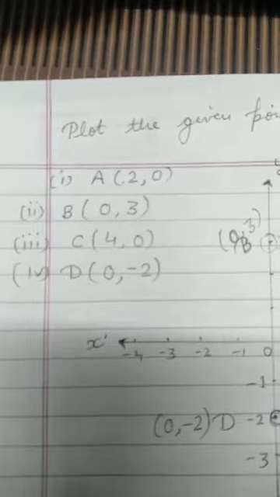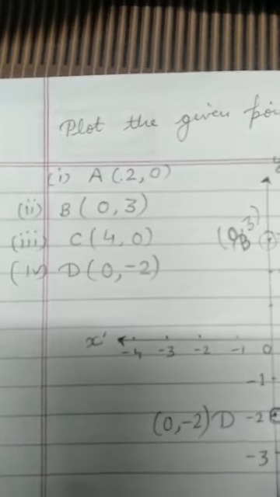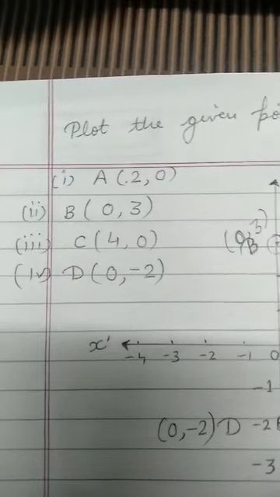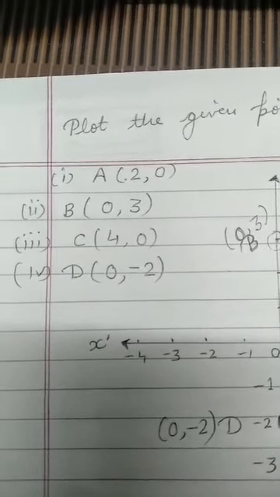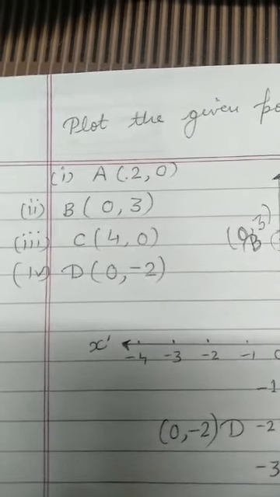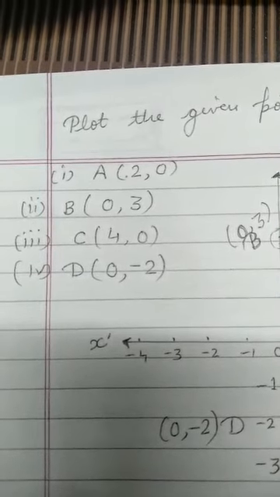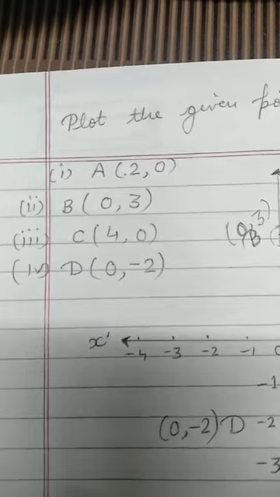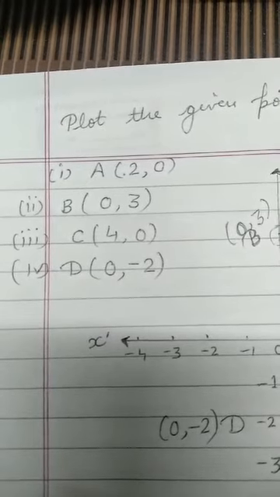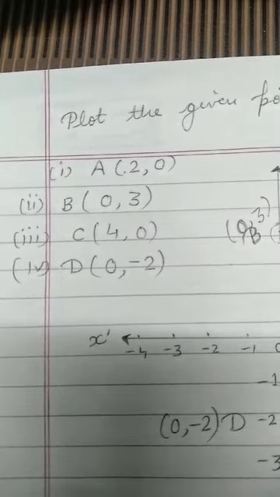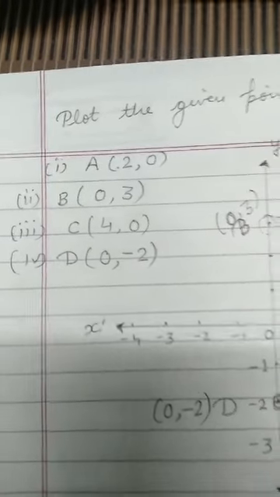Now, as you know, x coordinate means perpendicular distance of the point from the y-axis, whereas y coordinate means perpendicular distance of the point from x-axis. Here x coordinate is 2. It means the perpendicular distance of this point A from y-axis is 2 units.